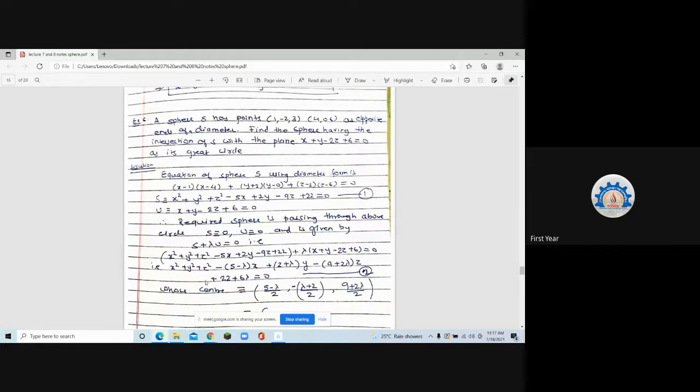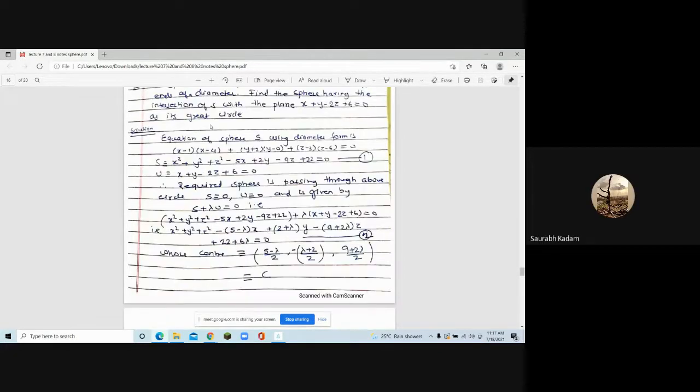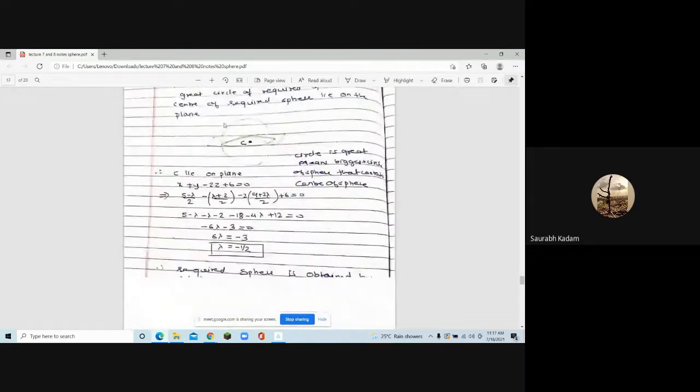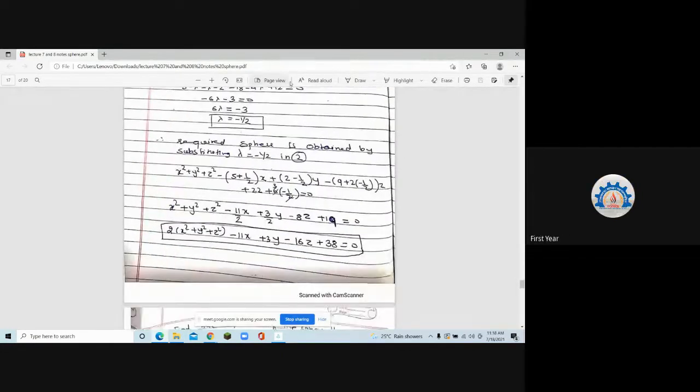x square plus y square plus z square minus... plus half. Is it 11 by 2? Yes, ma'am. 11 by 2x plus 3 by 2y minus 8z plus 19. Correct. That's the answer.